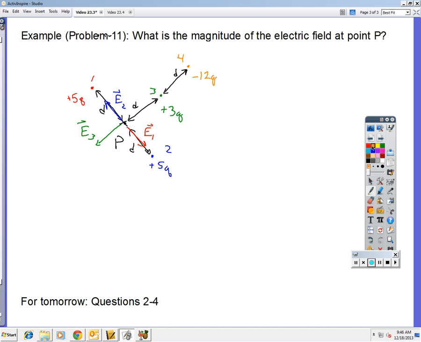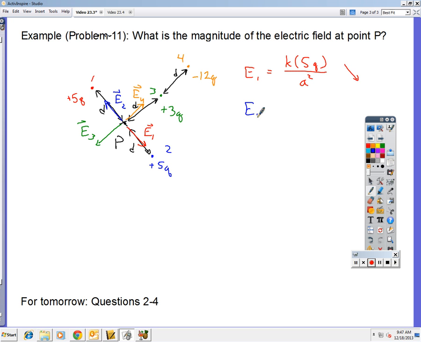And the field due to charge 4 will point toward charge 4 because charge 4 is negative. So first we're going to look at the magnitude of field E1. And it's equal to K times the source charge 1, which is 5Q, divided by the square of the distance. And it points in that direction.